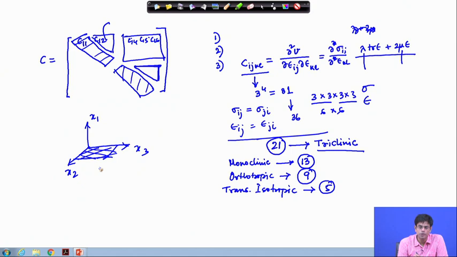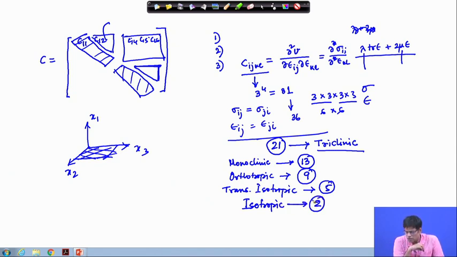Since this is an isotropic plane, there will be 2 material constants, because isotropic we know to be true. Then if we assume all 3 planes are planes of isotropy, the number of constants is 2.